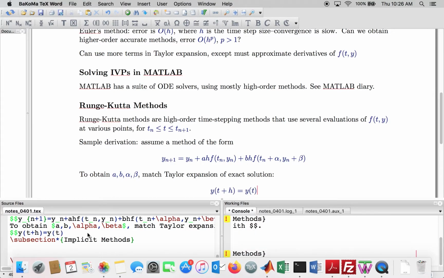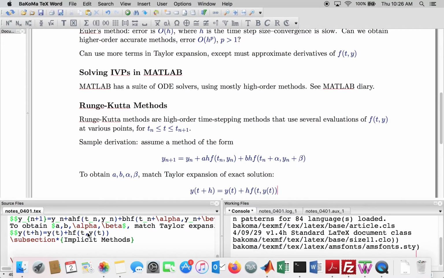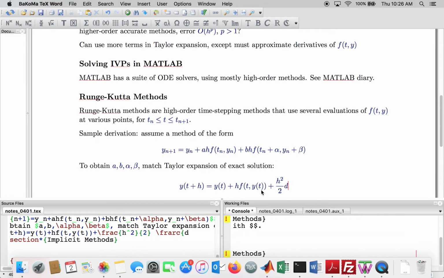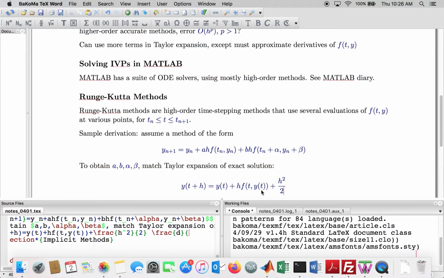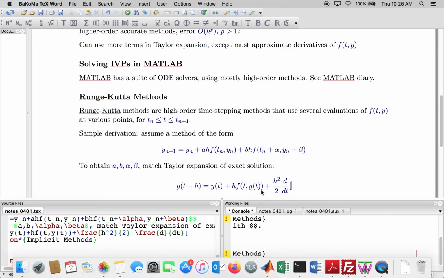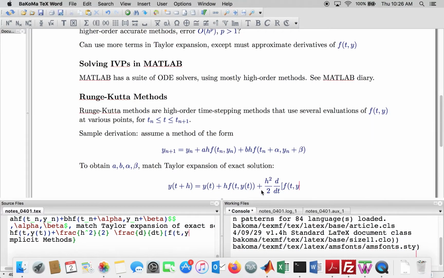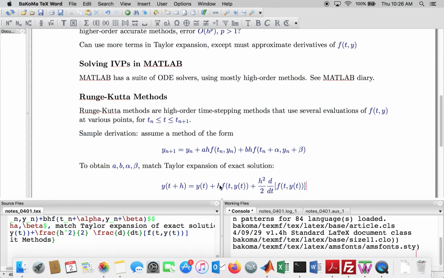So y of t plus h f of t, y of t, because this is y prime, plus the next term in a Taylor expansion, which would be y double prime. But since y prime is equal to f, the derivative of f of t, y of t with respect to t would be y double prime.